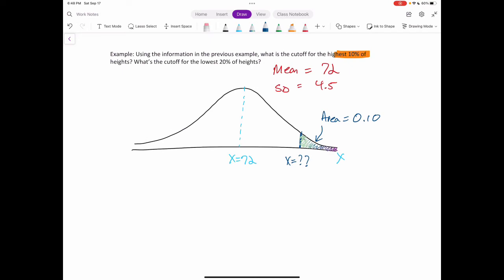And this is how we're going to do it. So first we note that if my area to the right is 10% or 0.10, then my area to the left of that value, so all this area here, is 0.90.